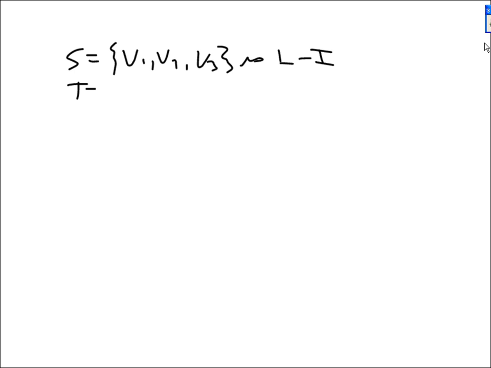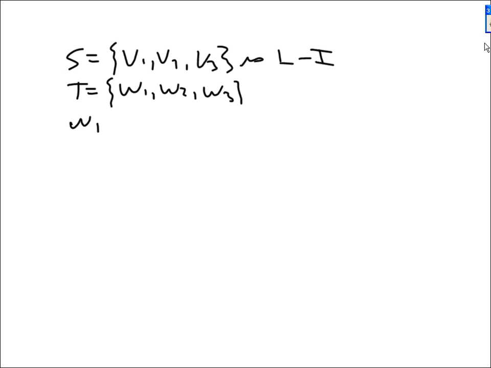Okay, let's do the same problem again. S is equal to V1, V2, V3 is linearly independent. And T, once again, is W1, W2, W3.